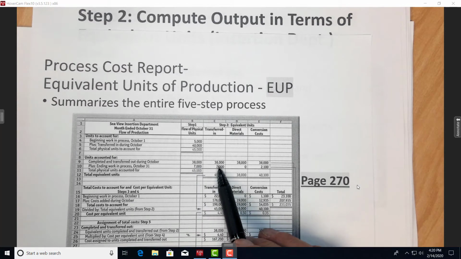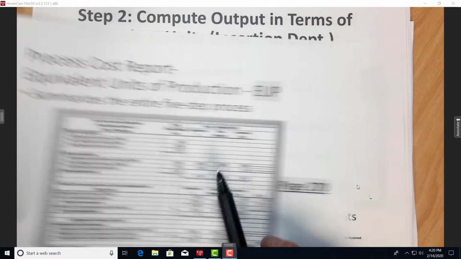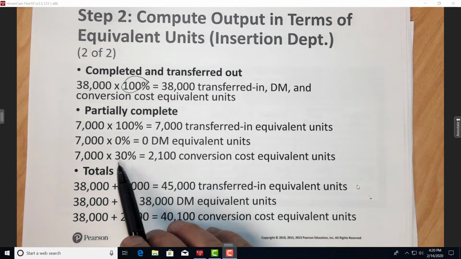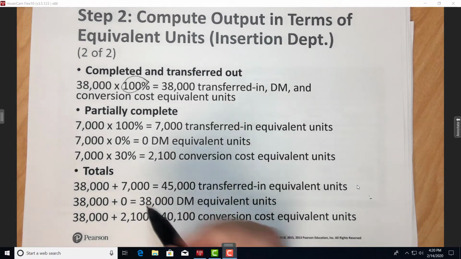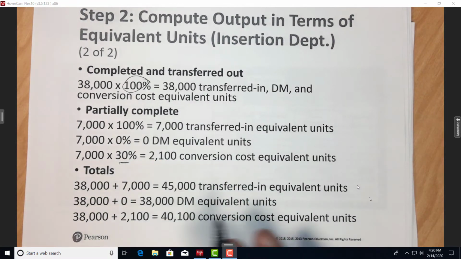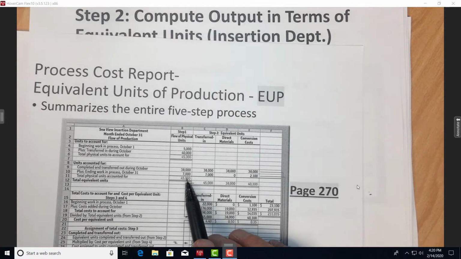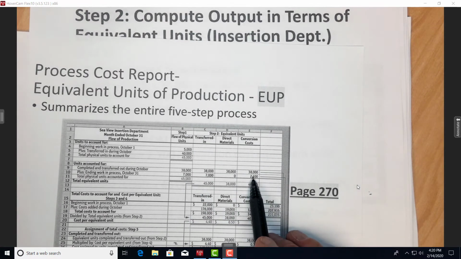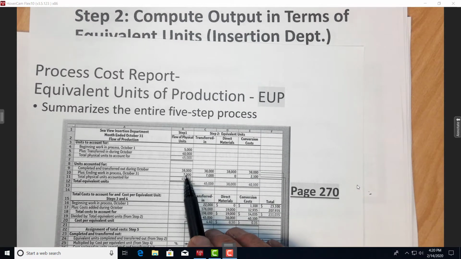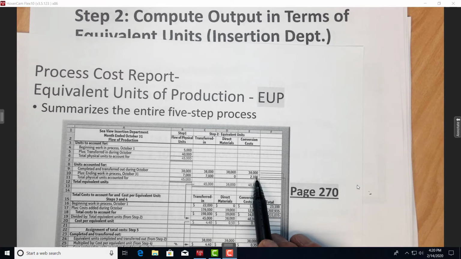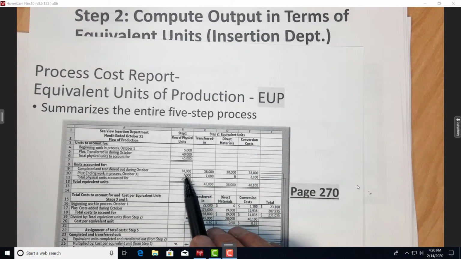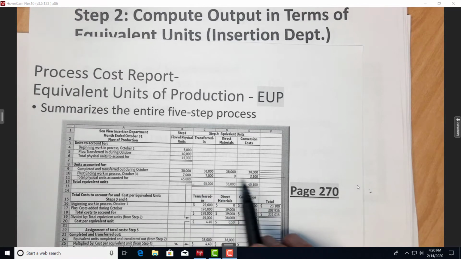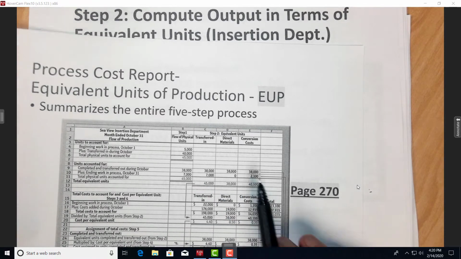They were transferred in, but they're not complete. And it tells you of those 7,000 that only 30% is complete. So in terms of the conversion, 30% times the 7,000 is 2,100. Only 30% is complete.